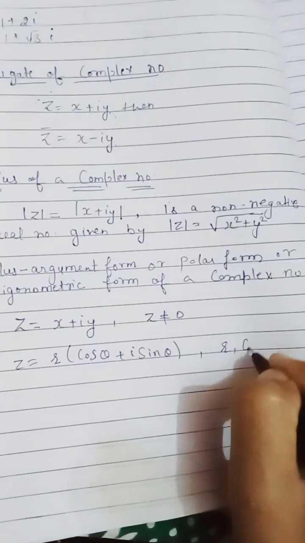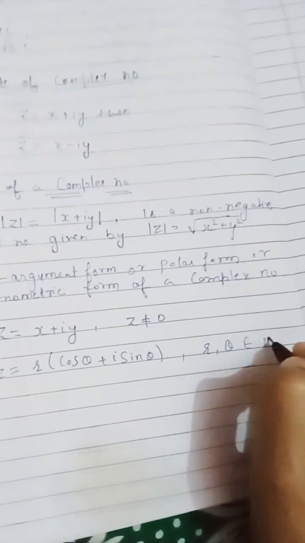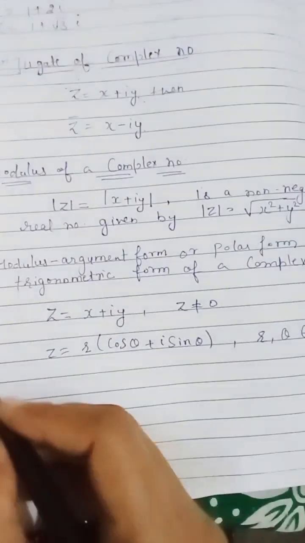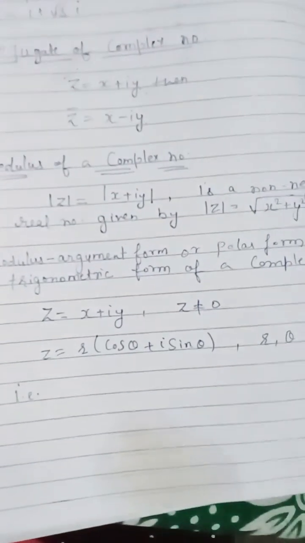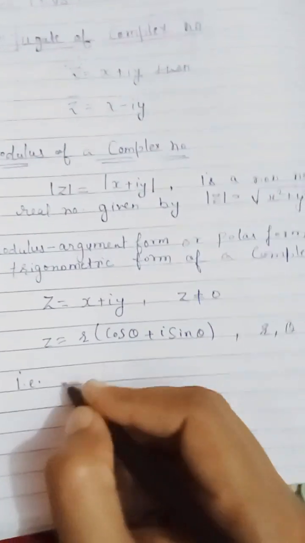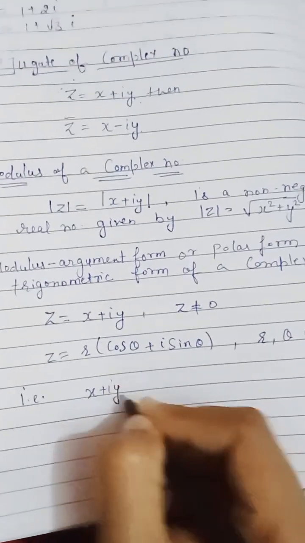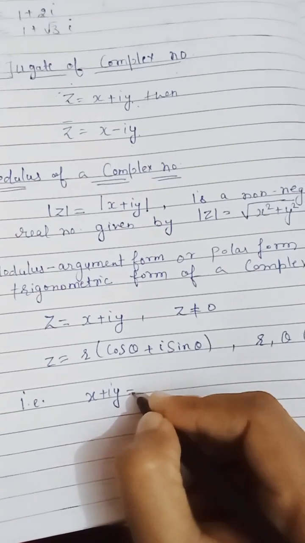So r and theta belong to the real numbers.